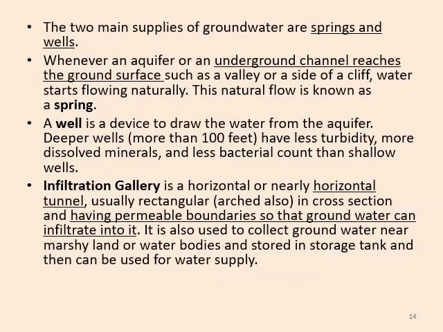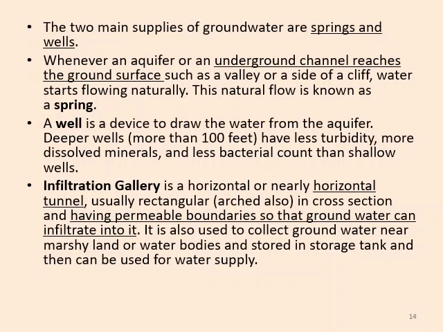There are two main supplies of groundwater: springs and wells. Whenever an aquifer or an underground channel beneath the ground reaches the ground surface, such as a pond or a natural water body, water starts flowing naturally, and this natural flow of water is known as a spring.